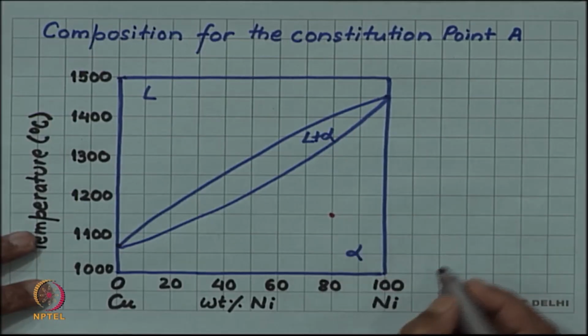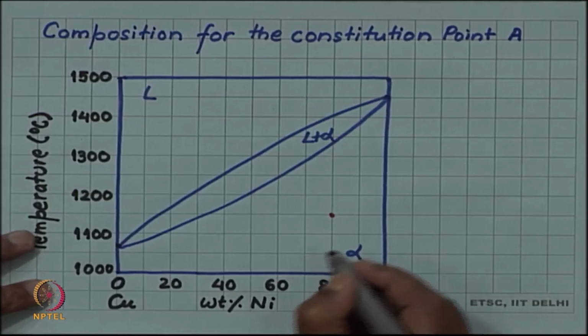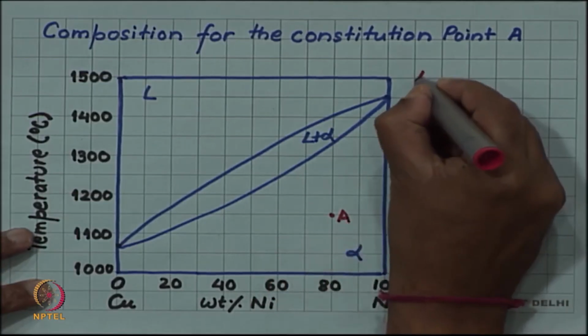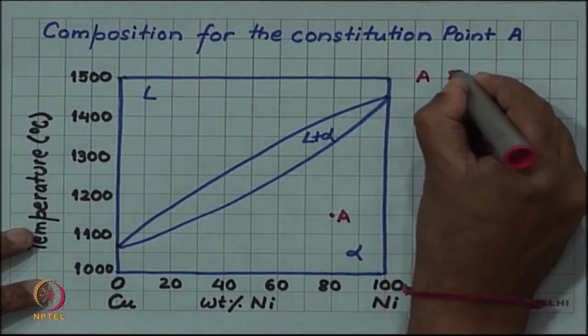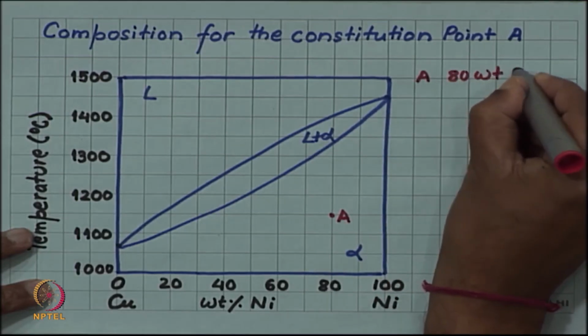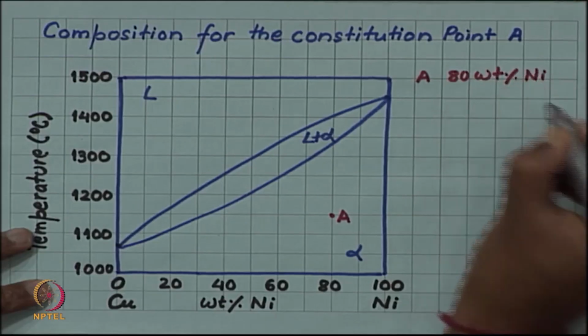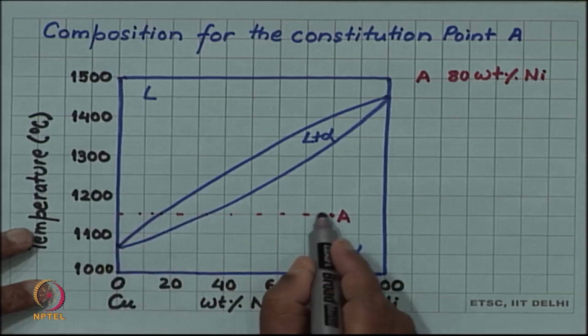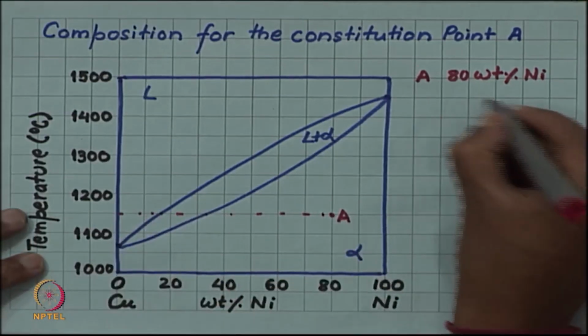So, this point represents an 80% alloy, point A, 80 weight percent nickel at a temperature of 1150.